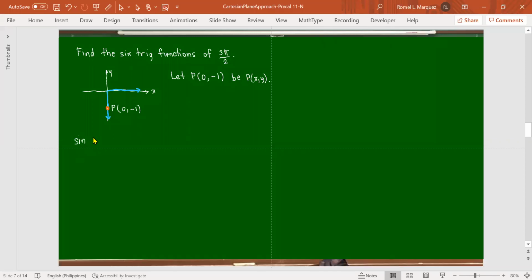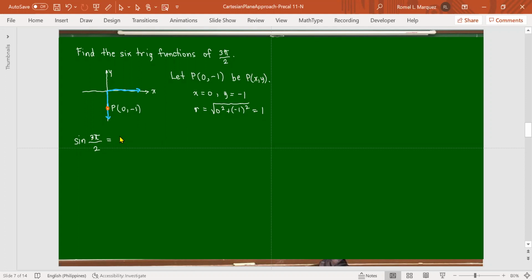What about sine of 3 pi over 2? How do we define the sine function? What is our x value? 0. What is our y value? Negative 1. What is r? Square root of 0 squared plus negative 1 quantity squared, so it is +1.